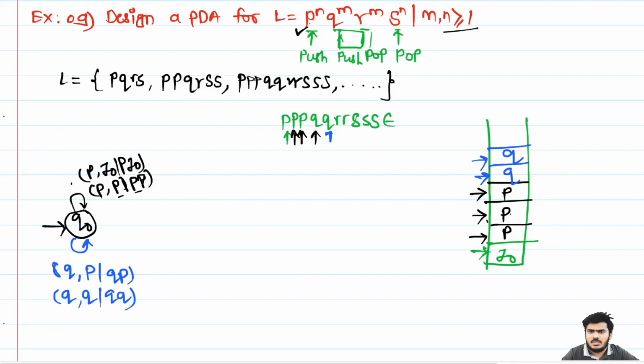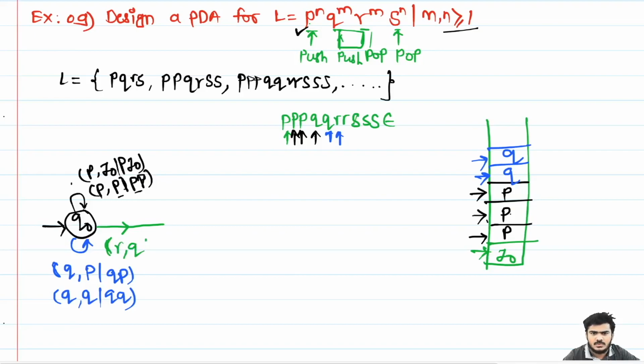Now Q's are over and R started occurring. Whenever the first R starts occurring, what will I do? I have to pop that particular Q with respect to that particular R, and I have to move the state. I have to move to the next state, because if I stay in that state only, then a problem will occur. We have seen what type of problems we have gone through.